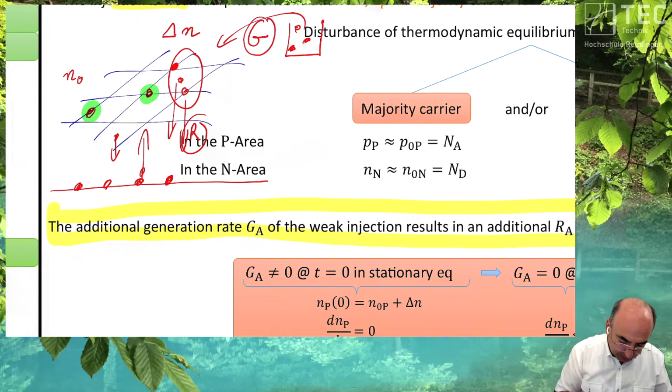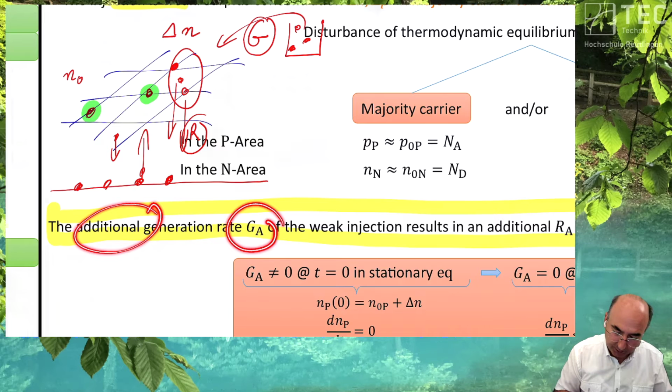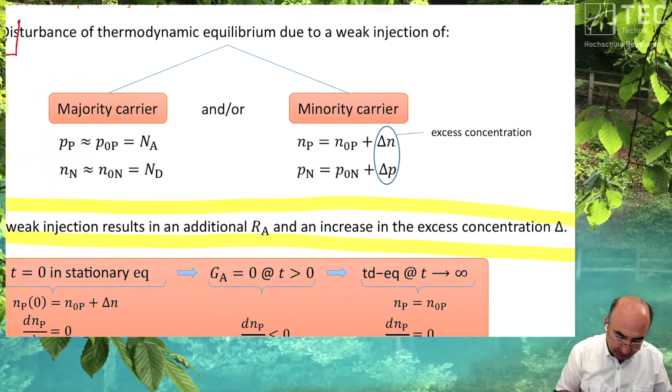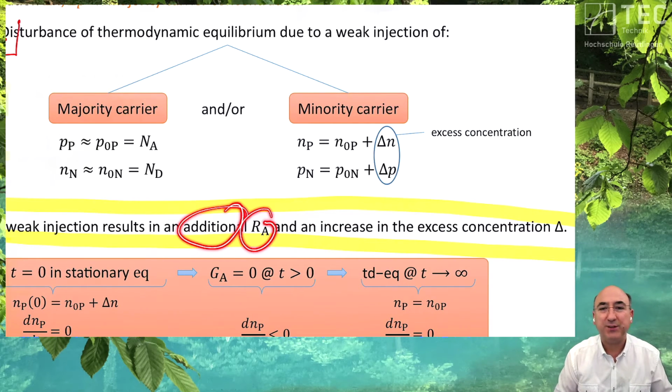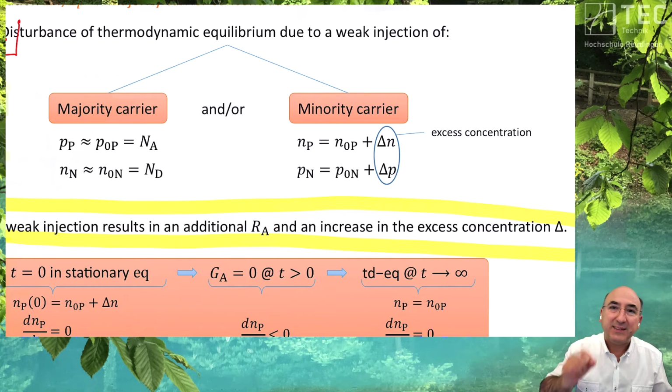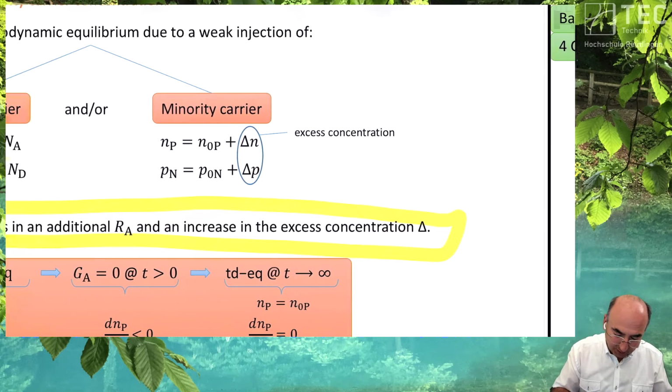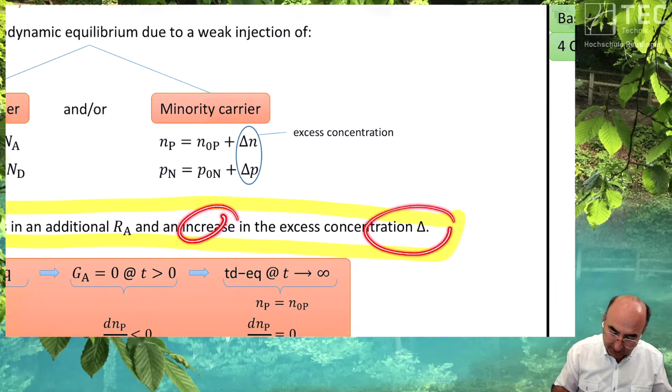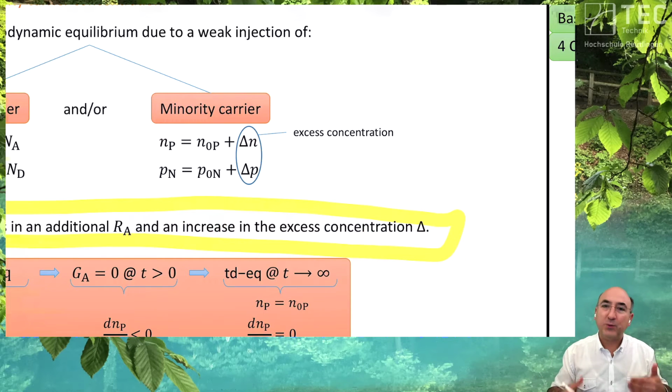So increased additional generation results in additional recombination, and at the same time, you have an increase in the excess concentration. That's the sentence. It's easy, but it is not common sense in daily life. To put this into one sentence is very dry to digest.